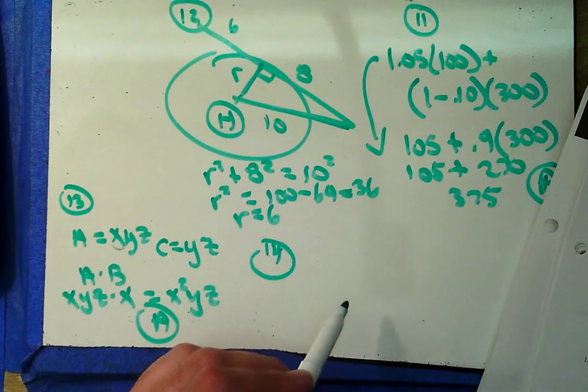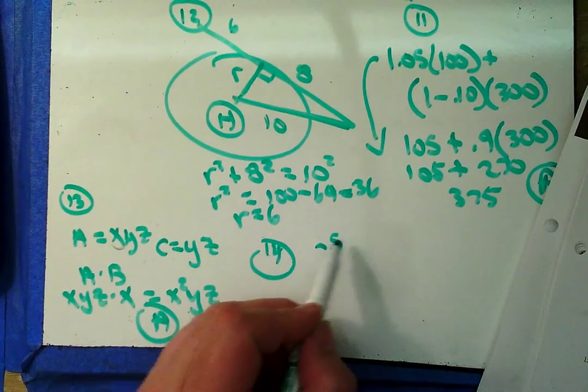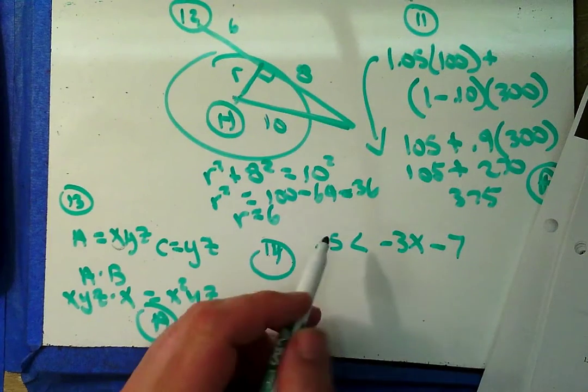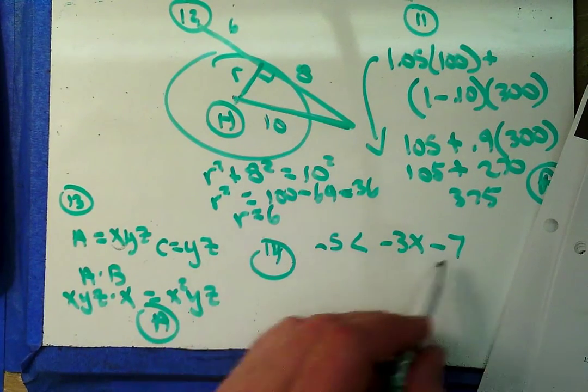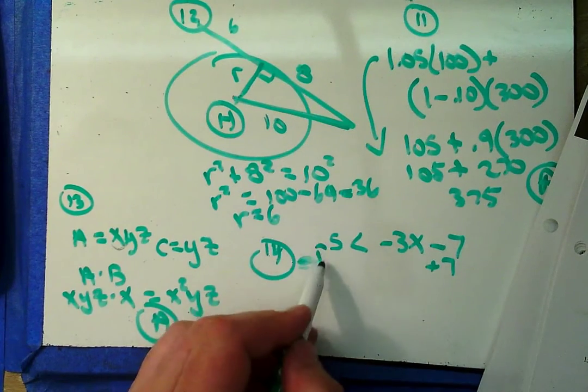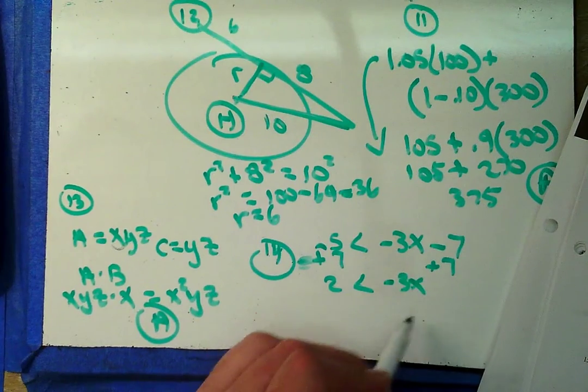14. Which of the following meets these conditions? Minus 5 is less than negative 3x minus 7. Okay, let's add 7 to both sides. We get 2 is less than negative 3x.